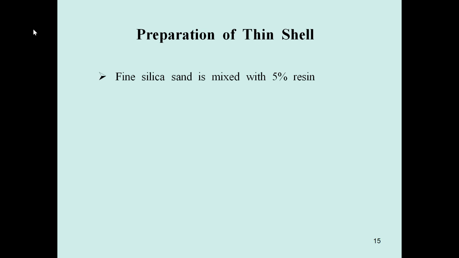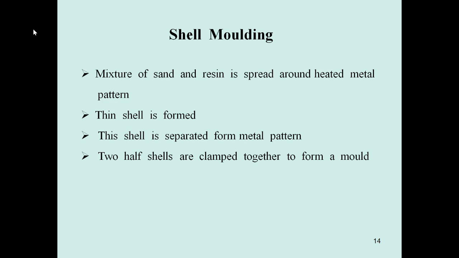Next, separating the shell from the pattern material. Next, clamping two halves of the shells together to form a mold.